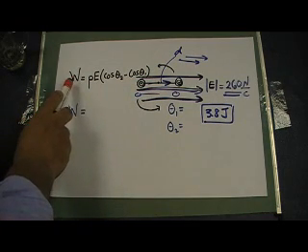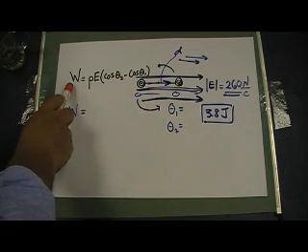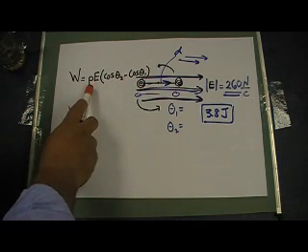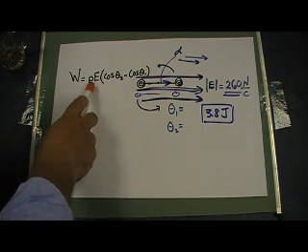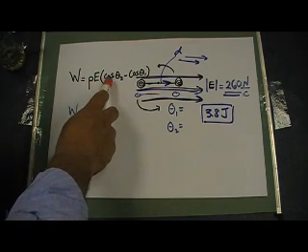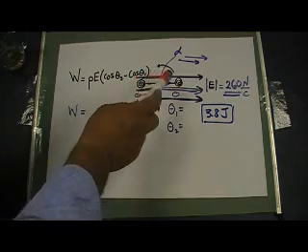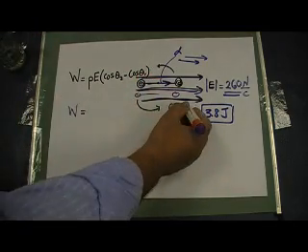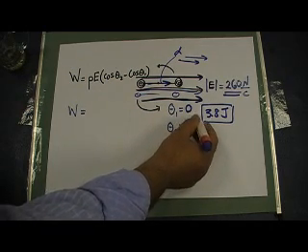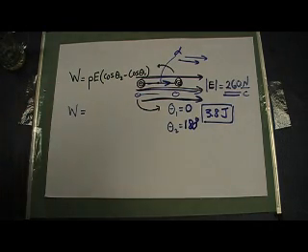Now, if you remember from class, we've calculated that the work done on a dipole is equal to the dipole moment multiplied by the electric field, and then multiplied by cosine theta 2 minus cosine theta 1. In this case, theta 1 is 0, and theta 2 is 180 degrees. The dipole moment is given: it's 6.2 times 10 to the minus 30.